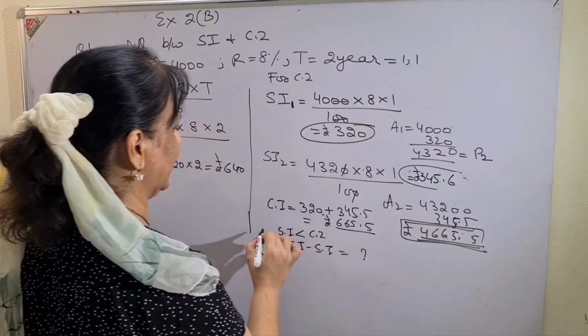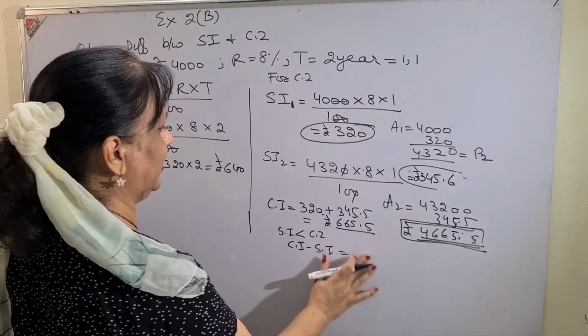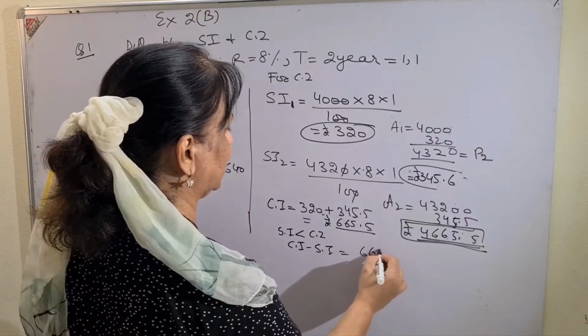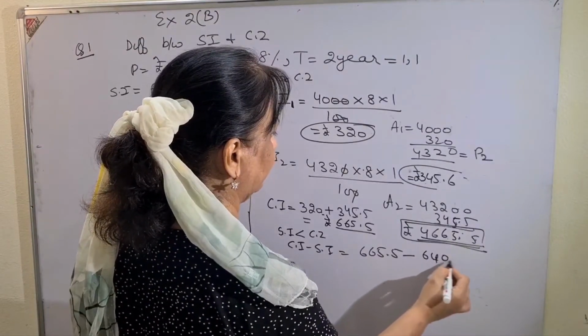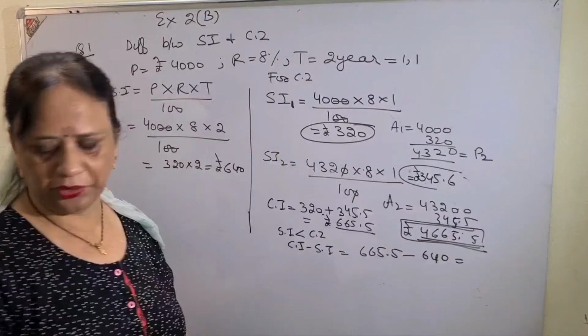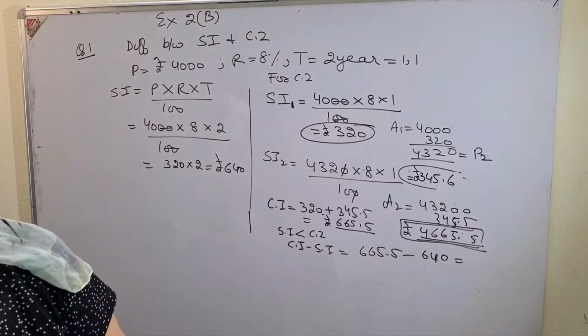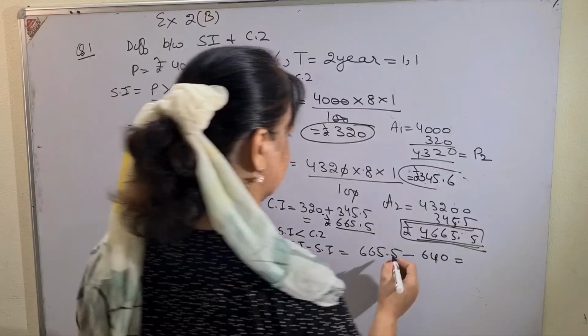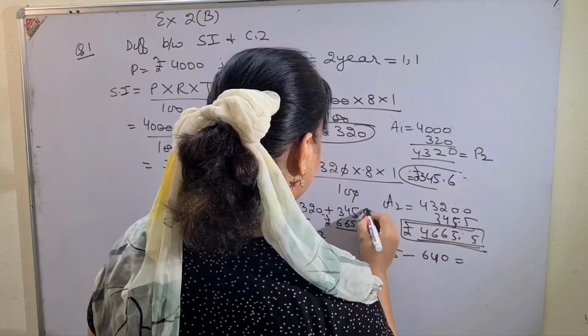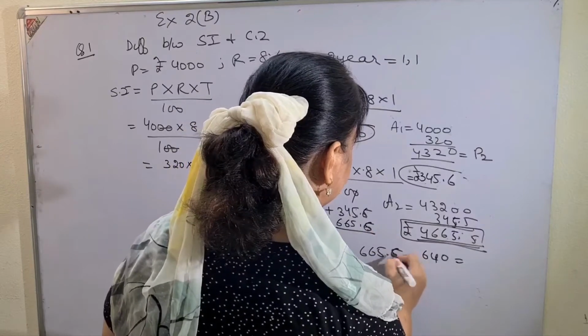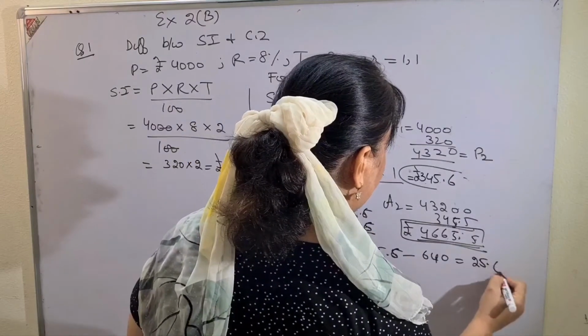Then you have to find the difference between SI and CI. So 665.6 minus 640. This will give you the difference between the two, and this comes out to be 25.6. That is your answer.